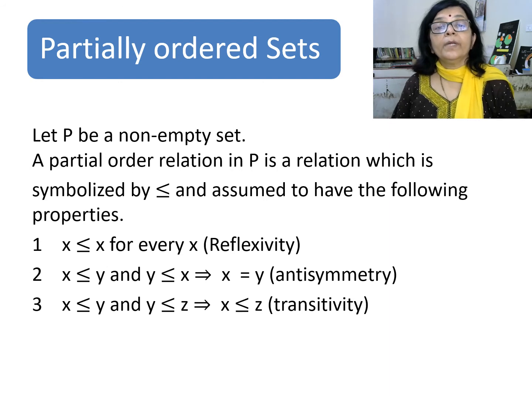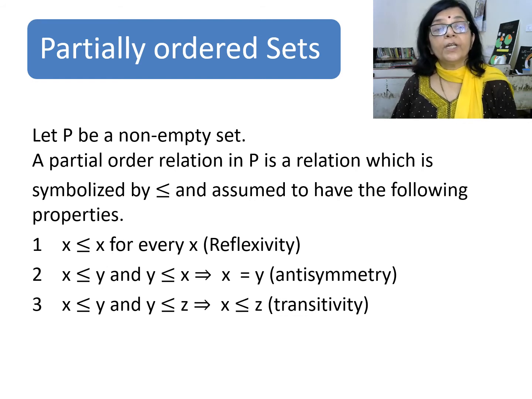Now we are coming to partially ordered sets. Let P be a non-empty set. A partial order relation in P is a relation which is symbolized by ≤ and assumed to have the following properties.